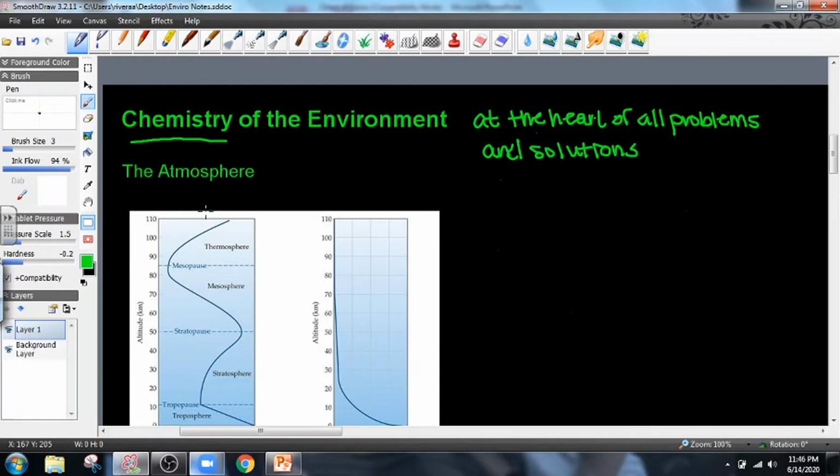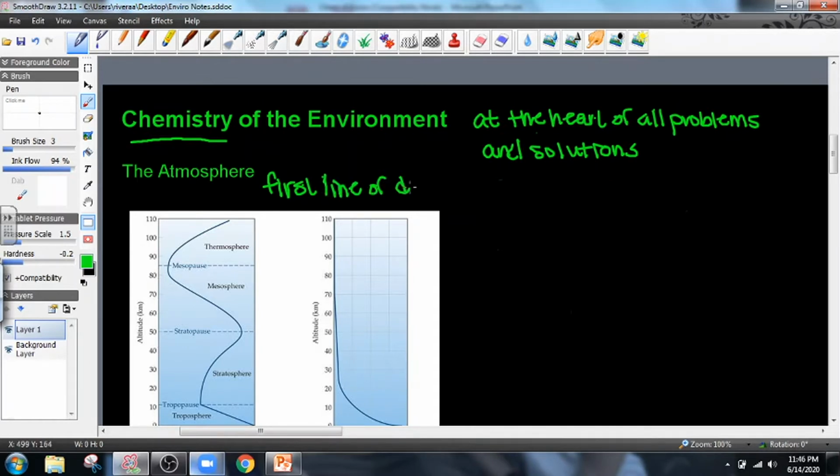Now, why are we talking about the atmosphere? We're talking about the atmosphere because the atmosphere is our first line of defense from radiation from the sun. See, what's going on here, guys?